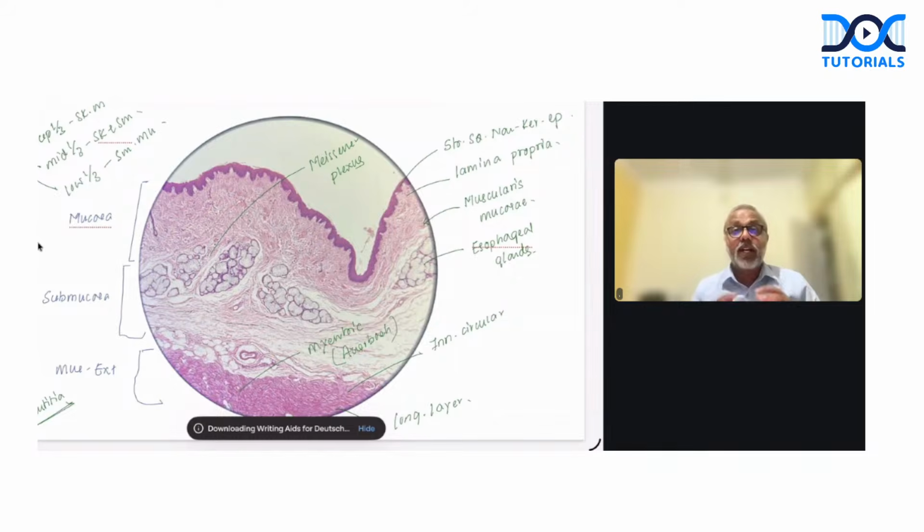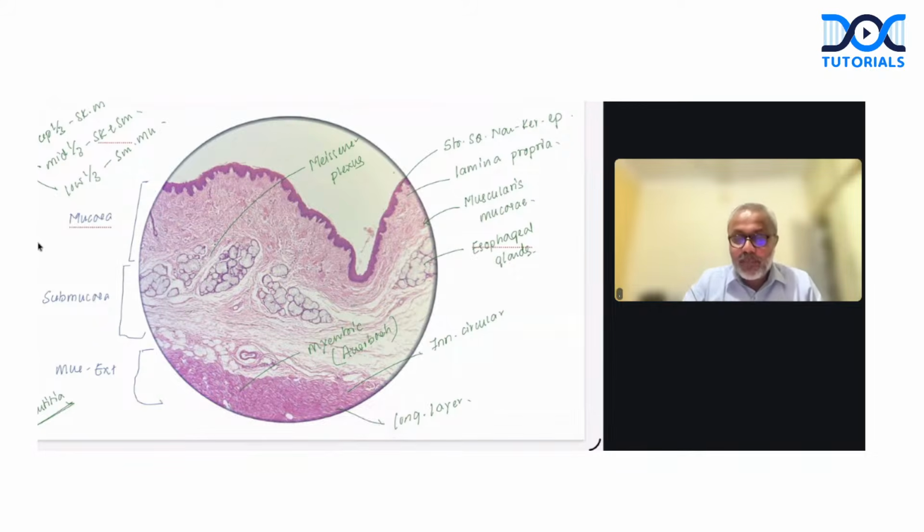Auerbach plexus controls the muscularis externa and brings about the peristaltic movement. Whereas Meissner plexus is confined to submucosa. Done? So where exactly this myenteric plexus is located? This is located in between the circular layer and the longitudinal layer. Are we clear? So this is how you should explain the slide of esophagus.